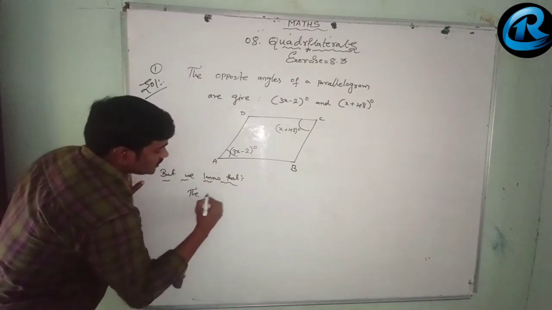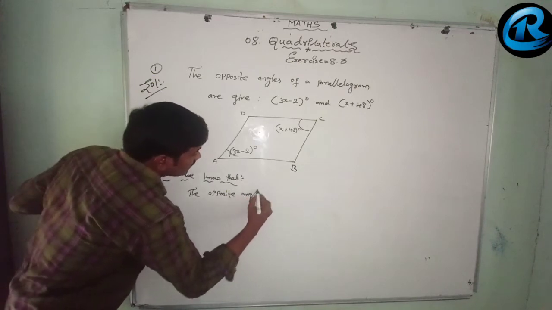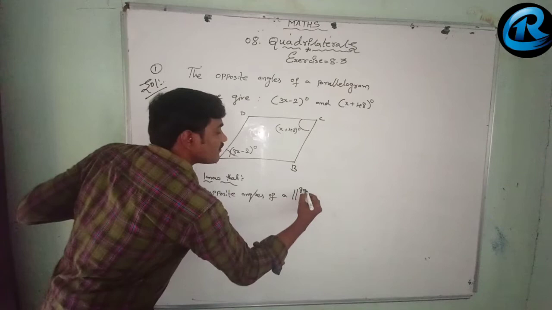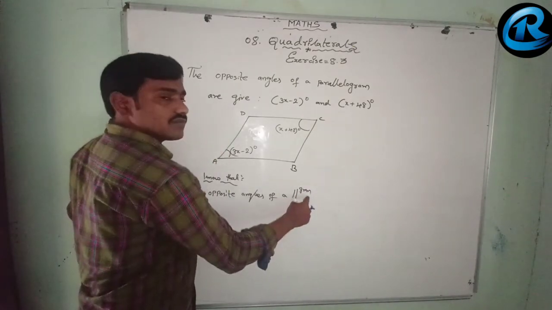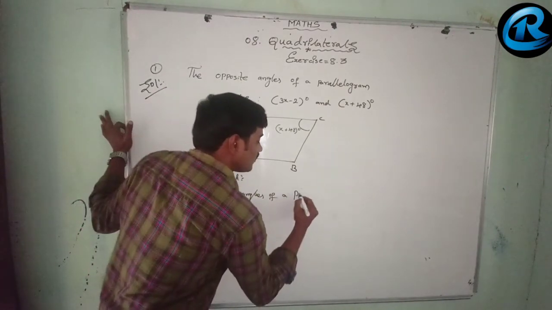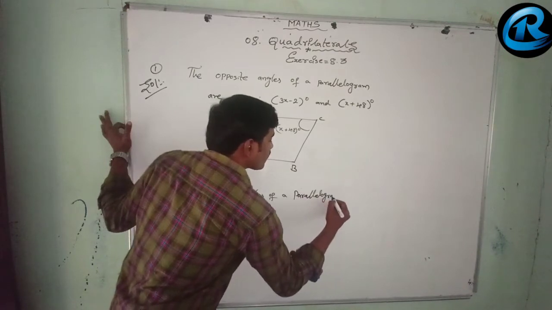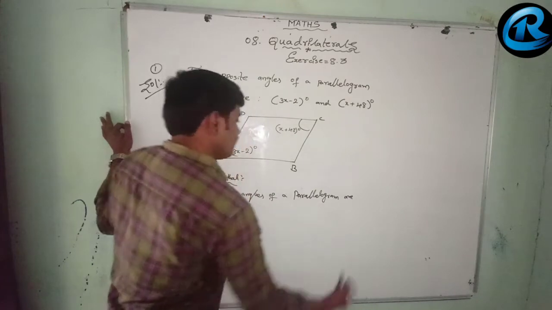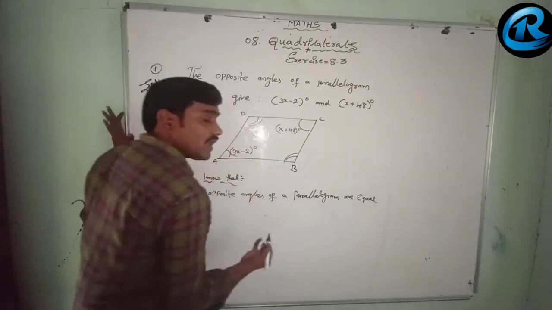So the opposite angles of a parallelogram are equal.